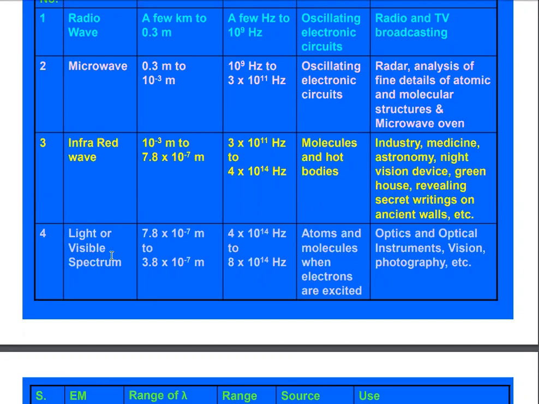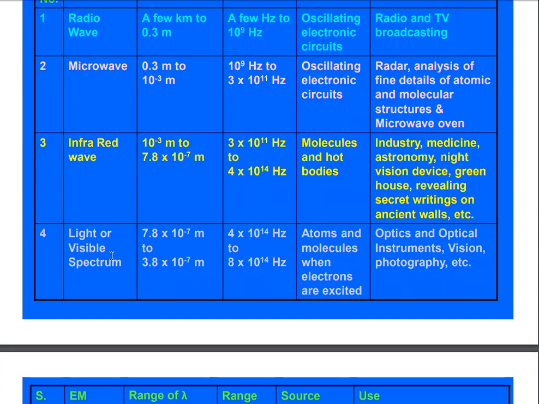Light wave ranges in wavelengths from 7.8 into 10 to the power minus 7 meter to 3.8 into 10 to the power minus 7 meter, or even in angstrom, if you want to express it, you must say 7800 angstrom to 3800 angstrom.